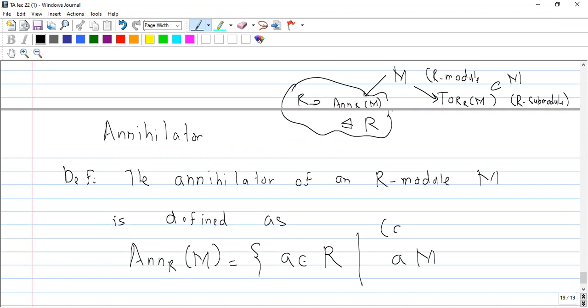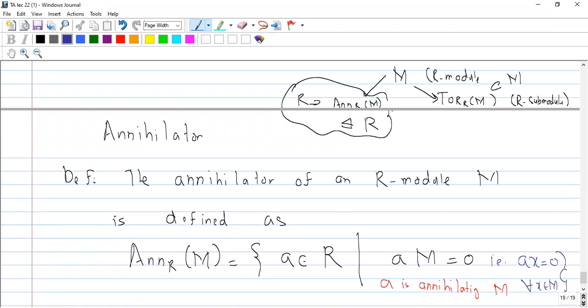That is, we can read it this way: that a is annihilating M, and it is defined in this way, that it is equal to 0. Whenever I multiply a with any element of M, the answer should be equal to 0.